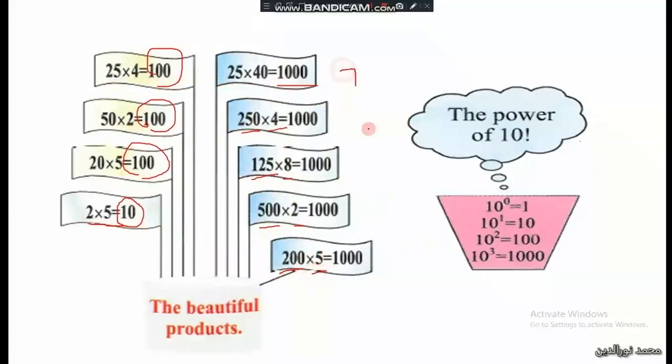All these are factors of 1000. It is very important to memorize these factors so that I can write the denominator of the fraction in the form of a power of 10.